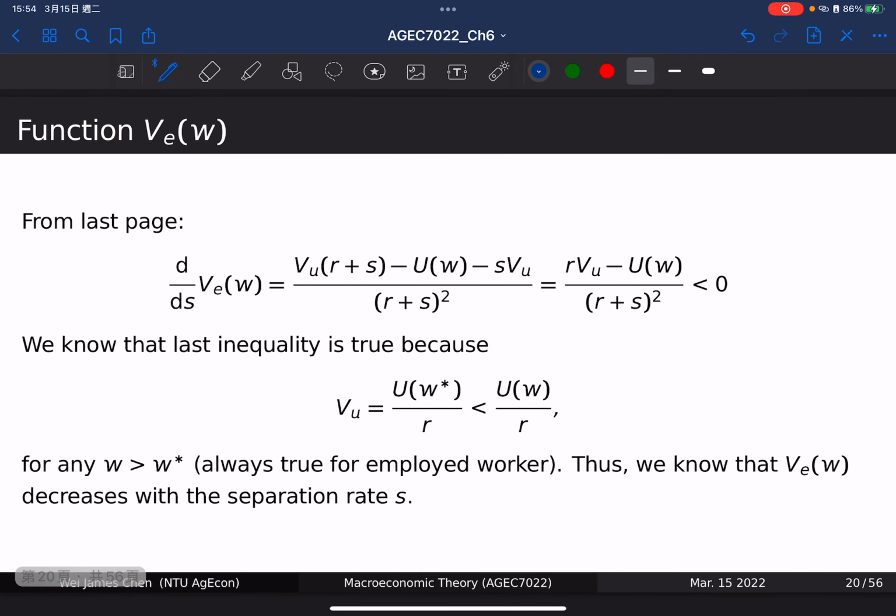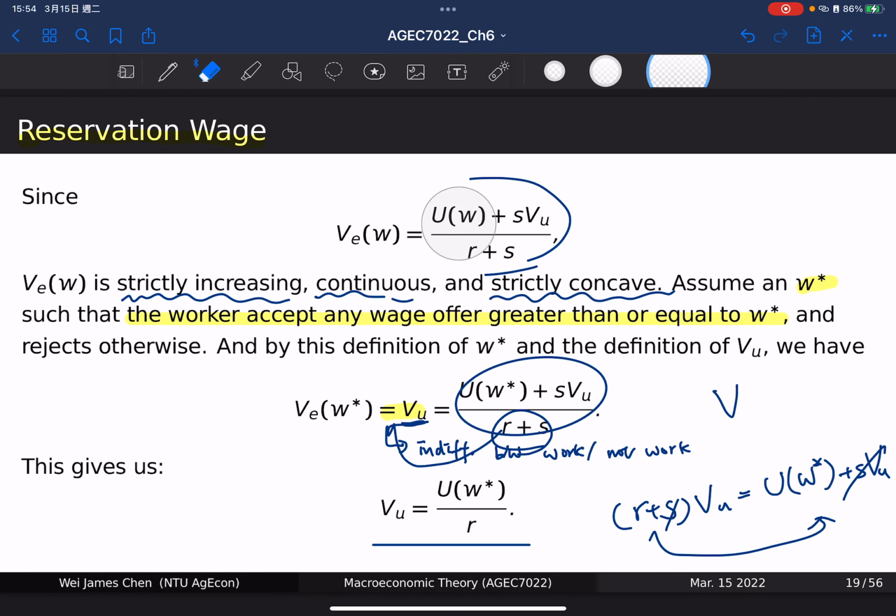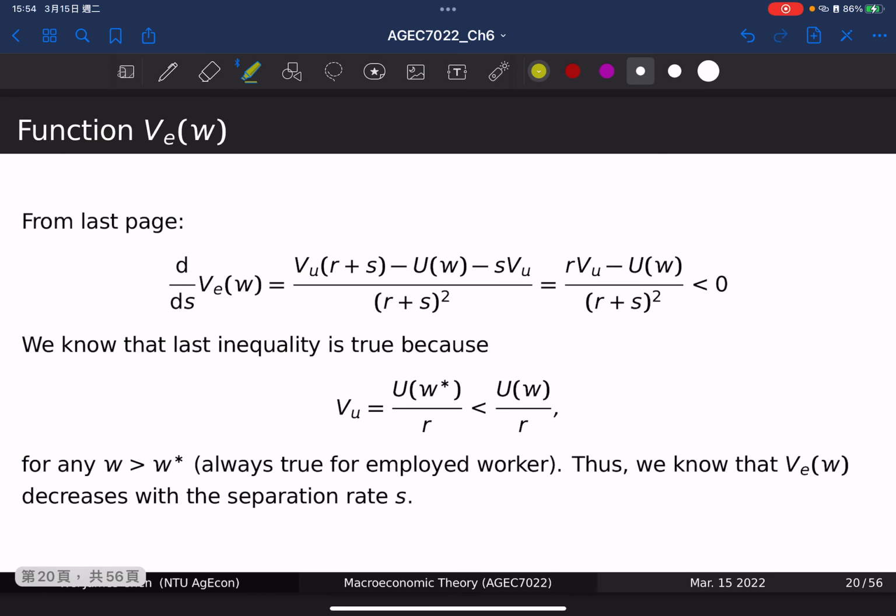Okay. Another way to look at this function, VE of W. We want to see what happens to VE of W when S, the separation probability, is changing. So we do a simple differentiation against it. And this is the quotient rule.